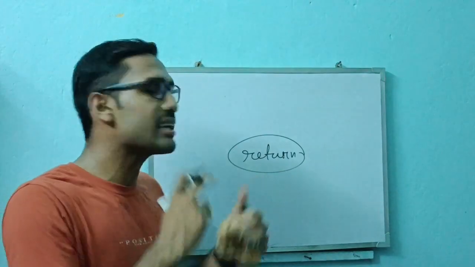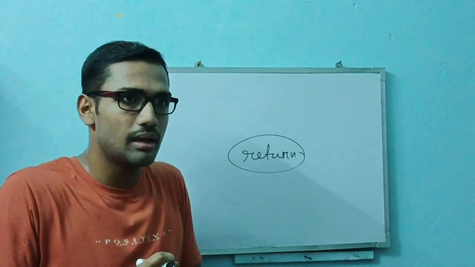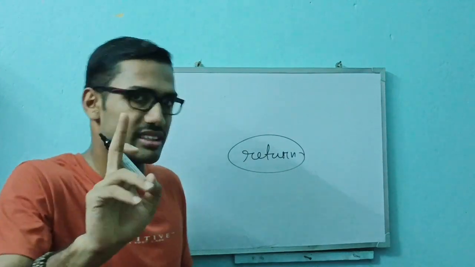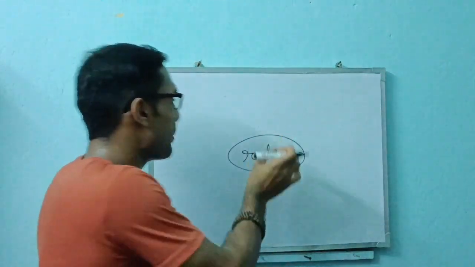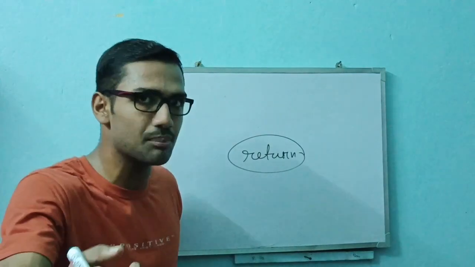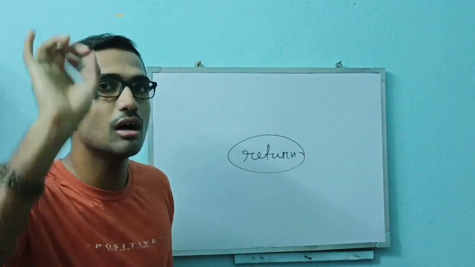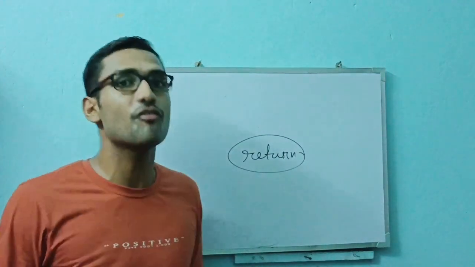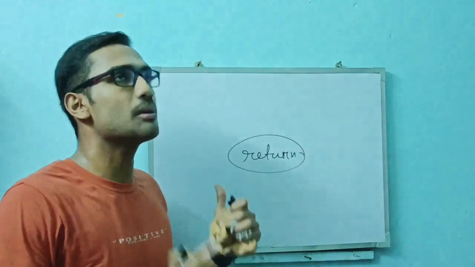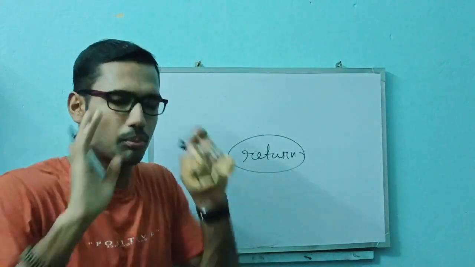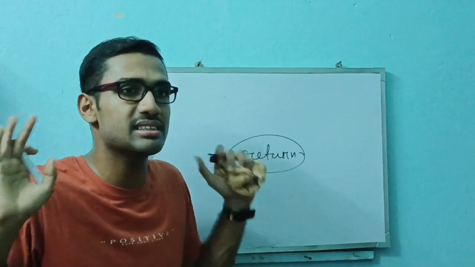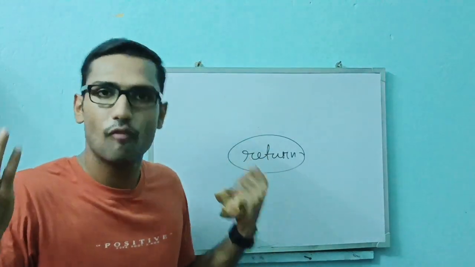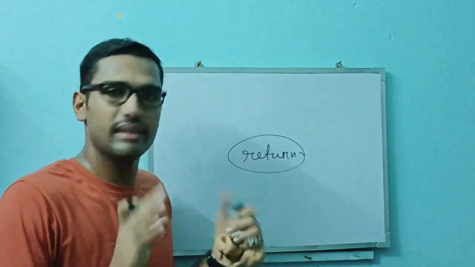Try to understand, it's a very important point. If it is present within the function and if it is returning something, then it's a non-void function, or you can say it's a fruitful function. But if it is not present in the function, then you can blindly, by closing your eyes, say that it's a void function.